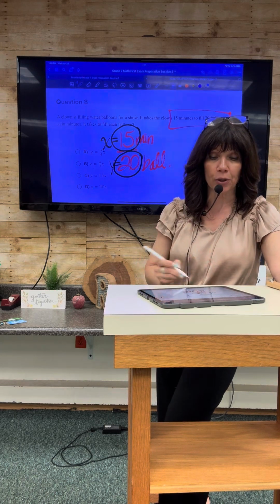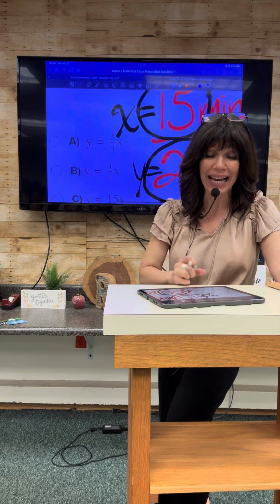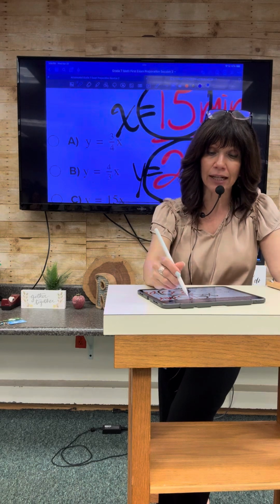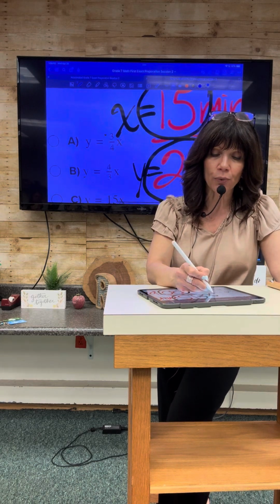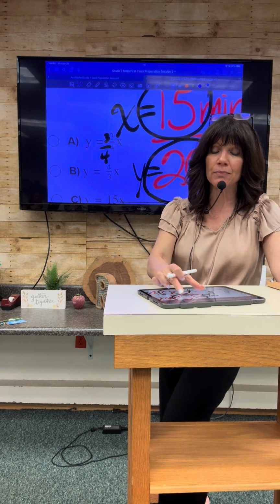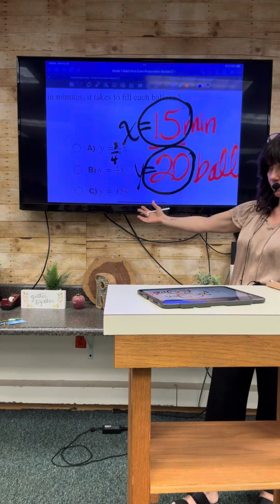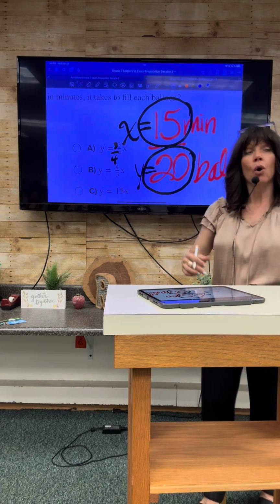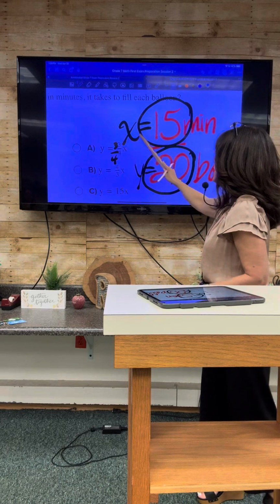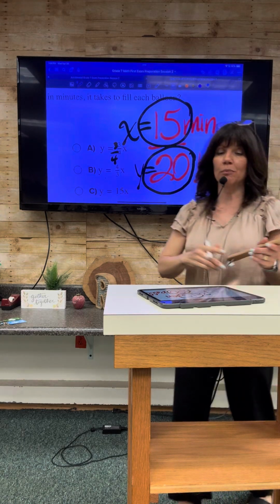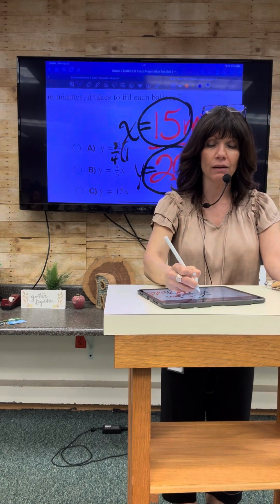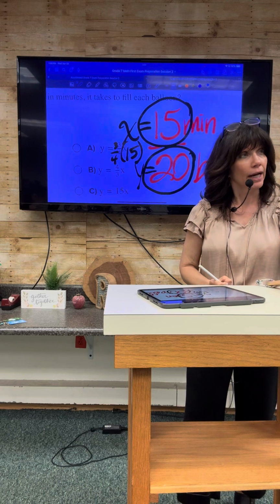So for example, if I think it might be A, I can use my calculator. I can say 3/4 times, what is the x value? 20. We've labeled it. What is the x value? 15. So in place of x, I'm going to write 15, right?